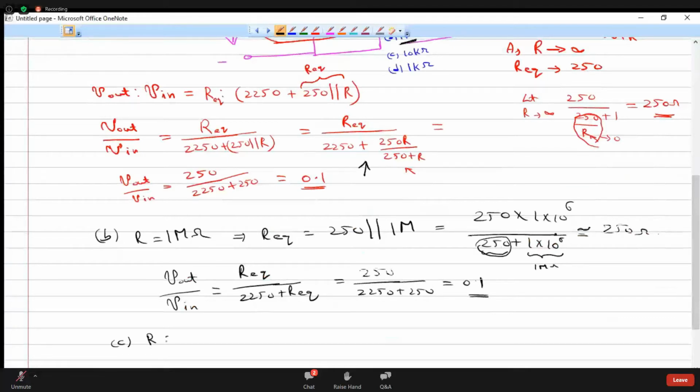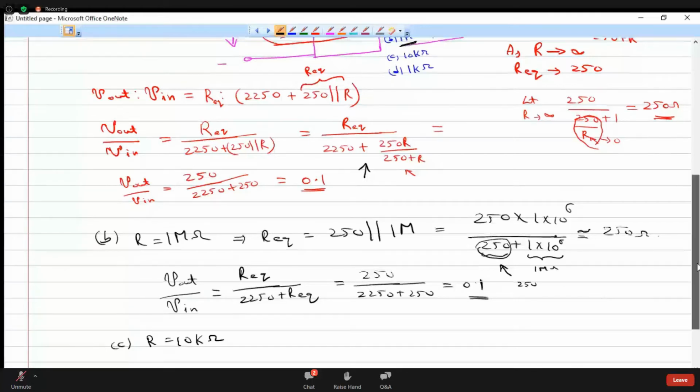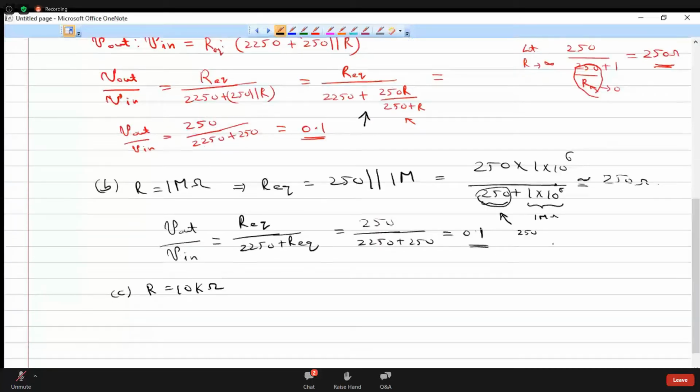When R is equal to 10 kilo ohm. Now we are slowly approaching 250 ohm, right? That is 40 times 250. So what will happen to our ratio V out is to V in?